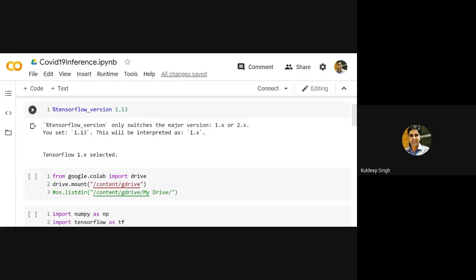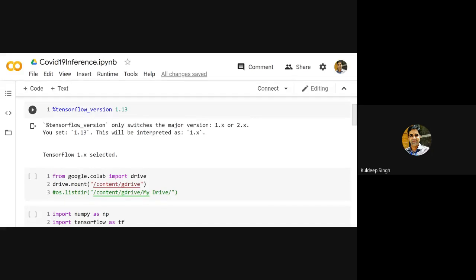So what we have done is we have trained a convolutional neural network using chest X-ray images, in which there are three classes. One is COVID-19, one is pneumonia, and one is normal category.